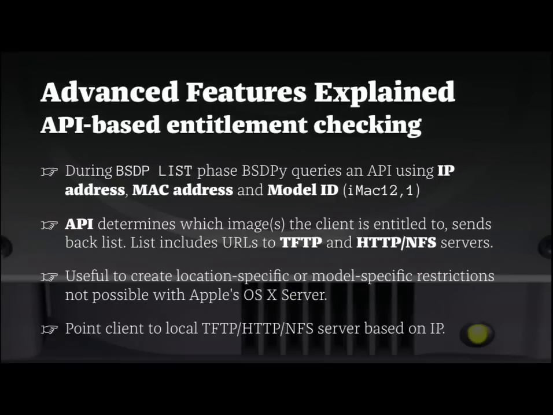So if you have a way to determine from a database, like let's say your management system has a list of all your systems by location, you can hook into that and say, well, this IP range or this MAC address is in this location. It should get my West Coast file server, or it is, I don't know, it's in Australia. It should get the Australian file server.